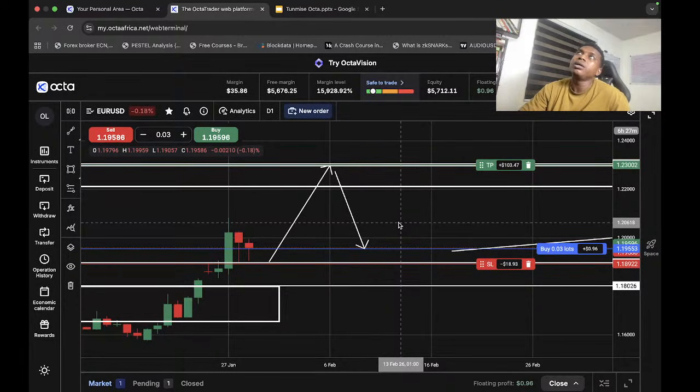So if the actual unemployment claim is higher than the forecasted unemployment claim, then investors would have a bearish outlook, because that is only saying that there is no money in circulation.